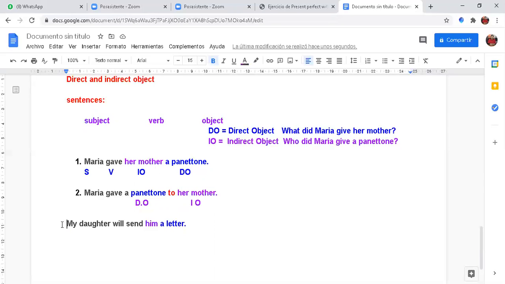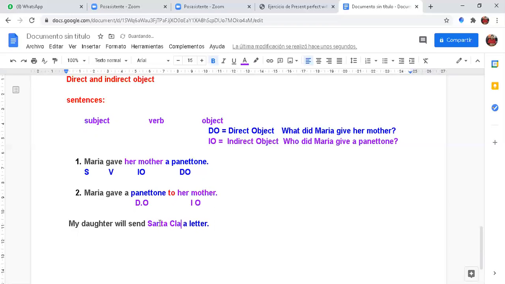Another example: my daughter will send him a letter. So in this case, what do we have? Him is in place of the indirect object, working as an object pronoun. We can say Santa Claus.